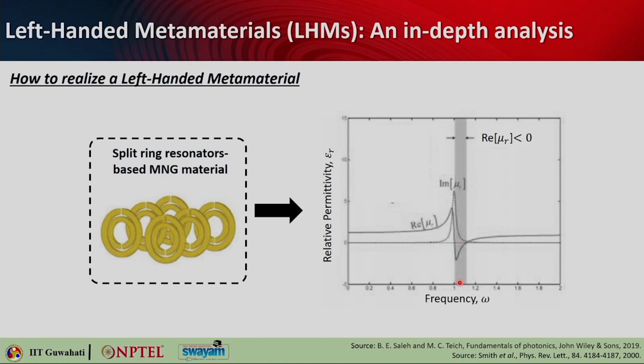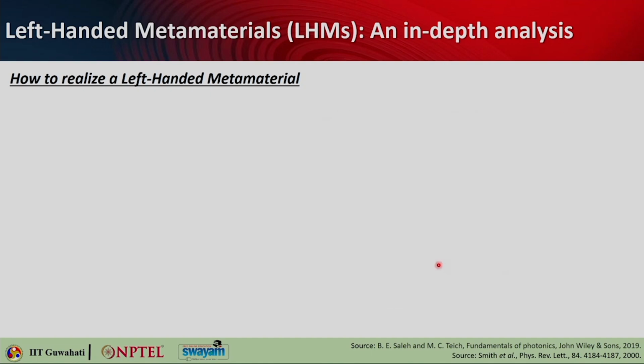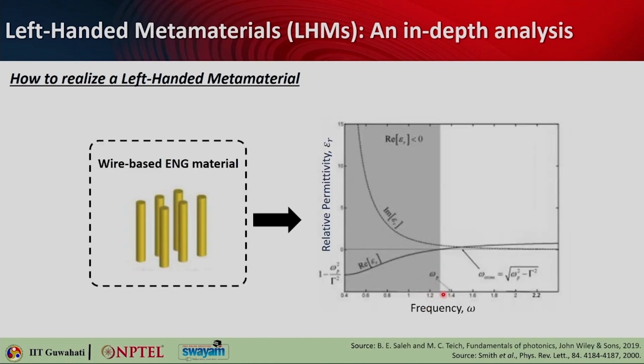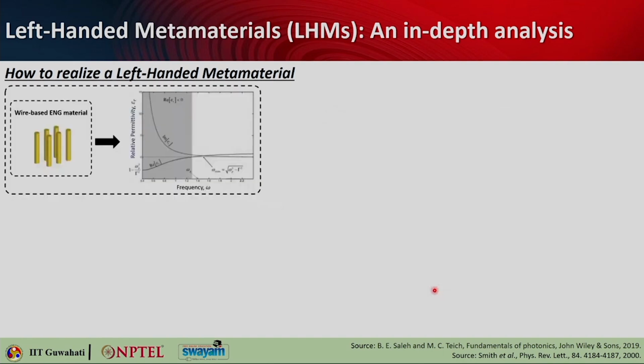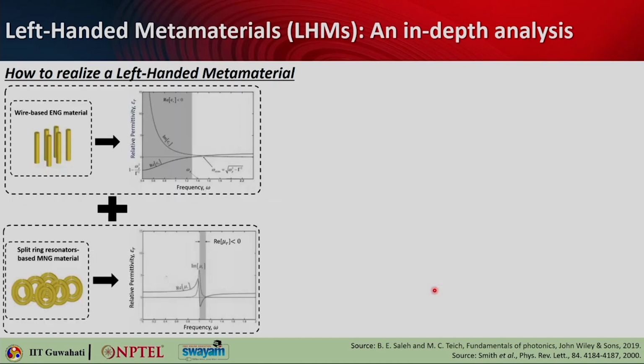Now if you want to make a metamaterial which has both negative permittivity and negative permeability in the same frequency window, what do you have to do? You have to take this one and also this one, both having negative values in the same wavelength range, and you can add them together.